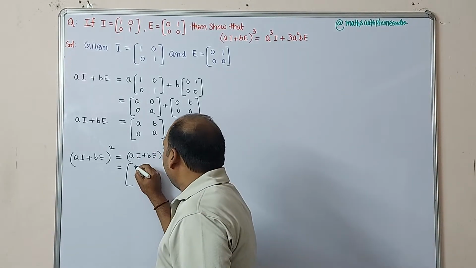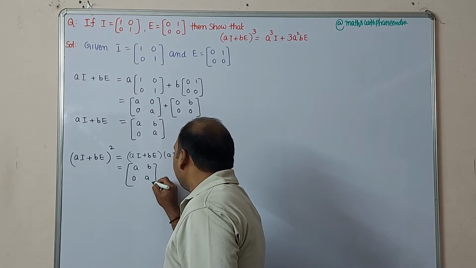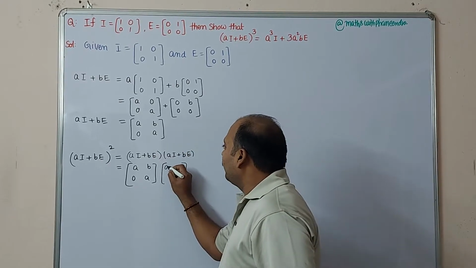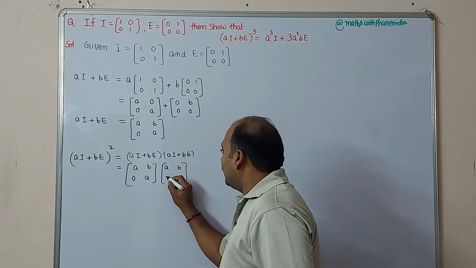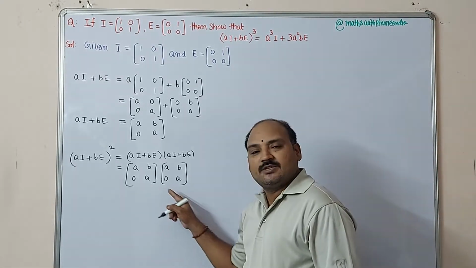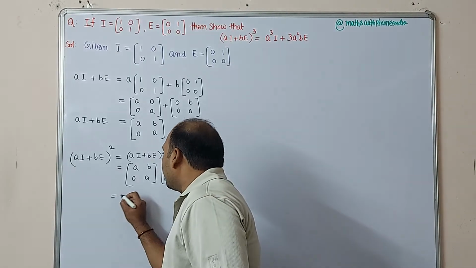So you can write [[a, b], [0, a]], next again aI plus bE, [[a, b], [0, a]]. So this is a 2 by 2 matrix, this is also a 2 by 2 matrix. We know how to multiply.